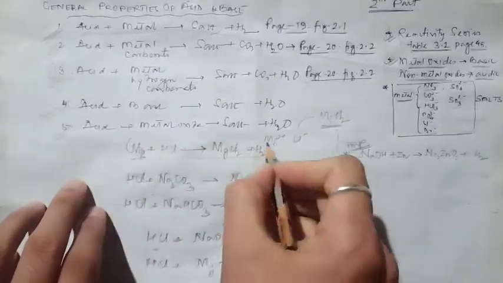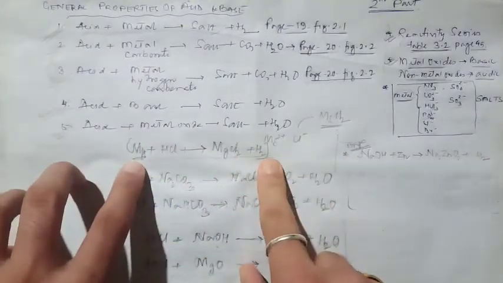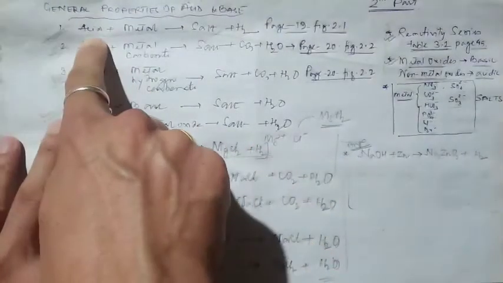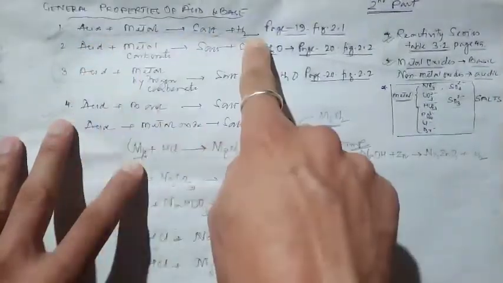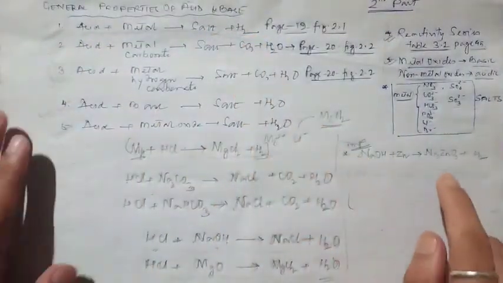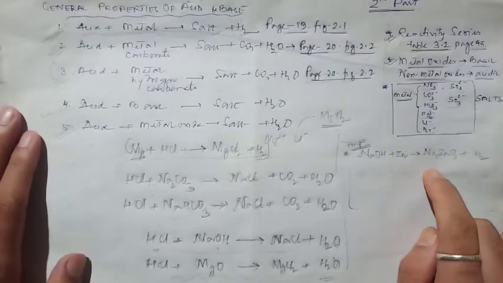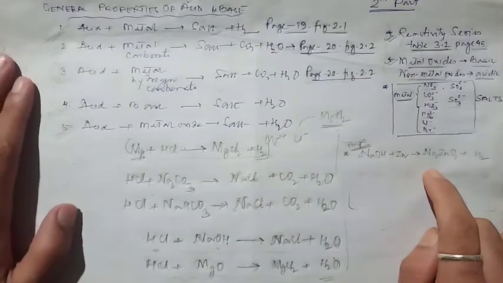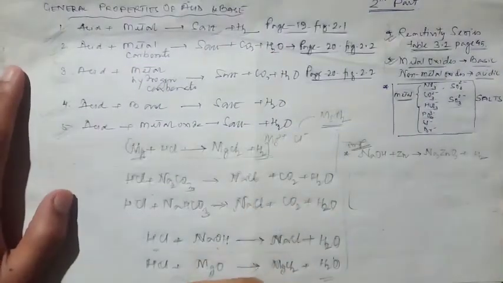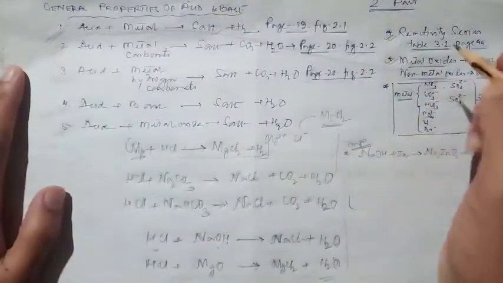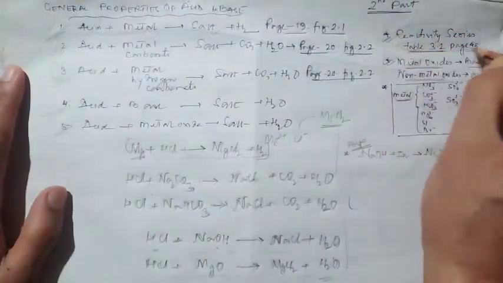Now students, pay attention. As I mentioned, this reaction is followed by almost all the acids and all the metals. But when I say all the metals, it means the metals which are above hydrogen in the reactivity series. Now I want you to go through this reactivity series.